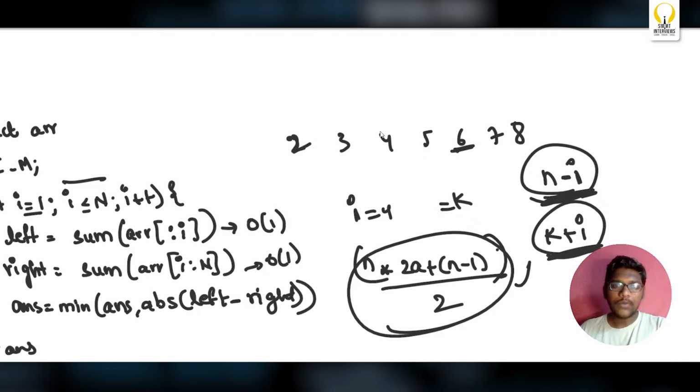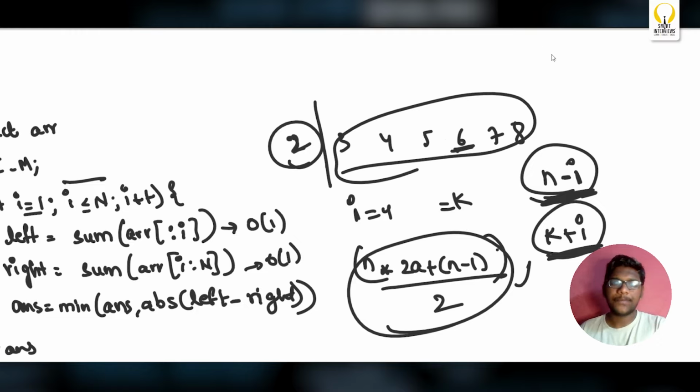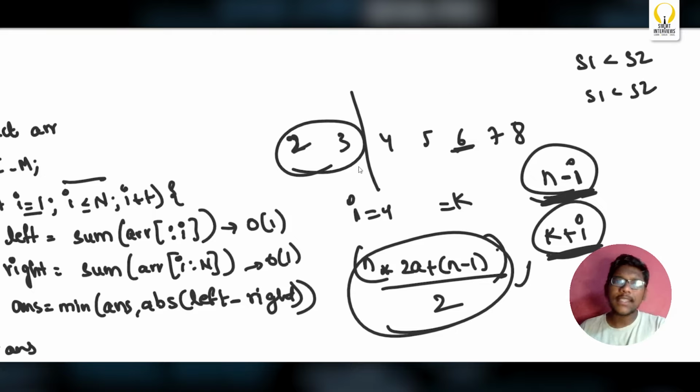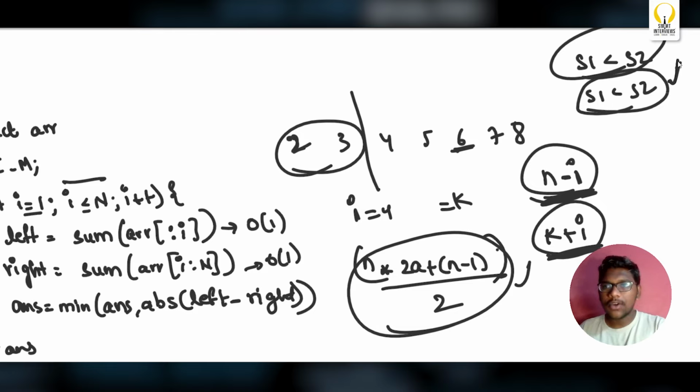Okay, now the thing here is, this is left part sum and this is right part sum. Now what is the case? S1 is definitely lesser than S2. Here S1 is again lesser than S2, but the value that we got here and the value that we got here, which is better? The value that we got here is better.